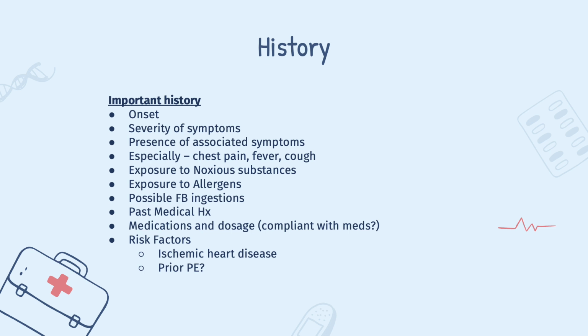So it's really important to try and ascertain, even in the sickest of our patients, some historical features of these disease processes. Past medical history is really important because many respiratory diseases like asthma and COPD have a recurrent course.